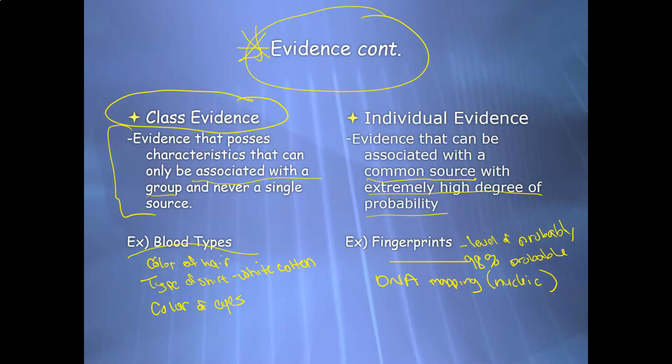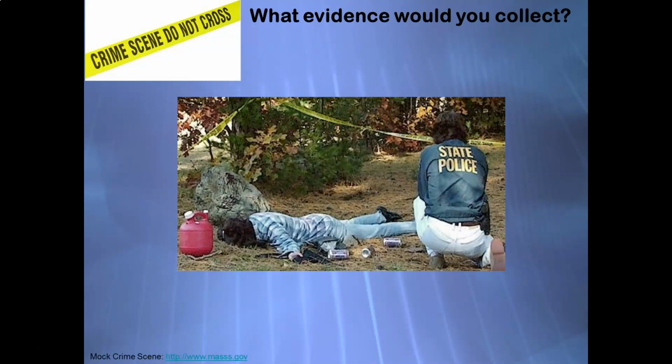They go to Dave's house, and Dave has the ugly sweater, and the person says, yeah, that was the ugly sweater. And there's only one ugly sweater that has that design, because it was knitted just for Dave. Then that would be individual evidence. But it has to be to the individual and a high degree of probability. Okay.